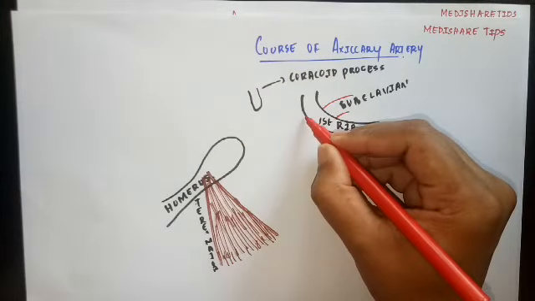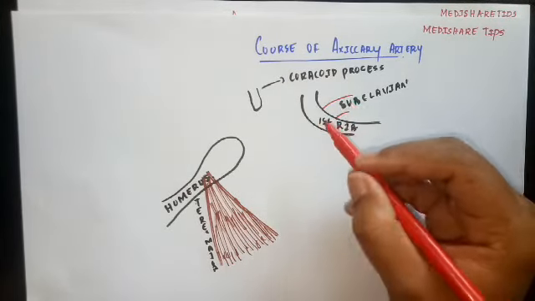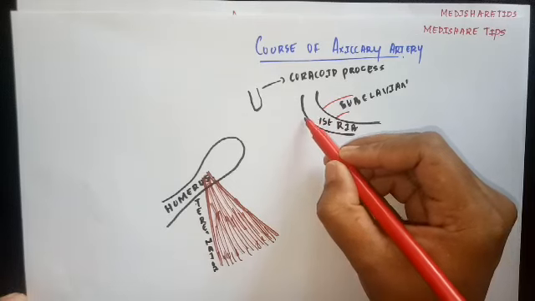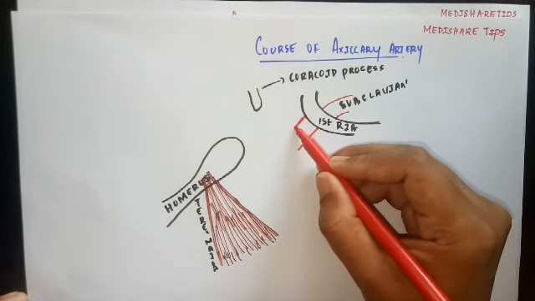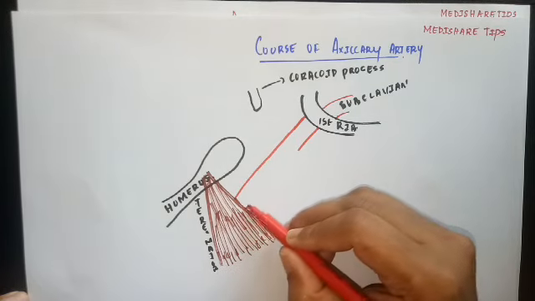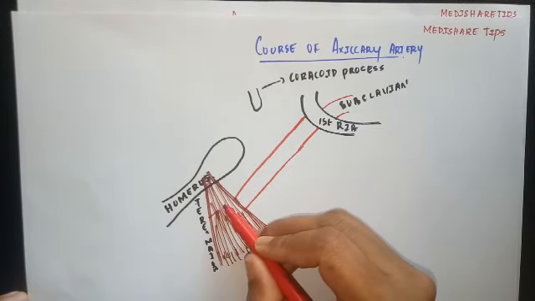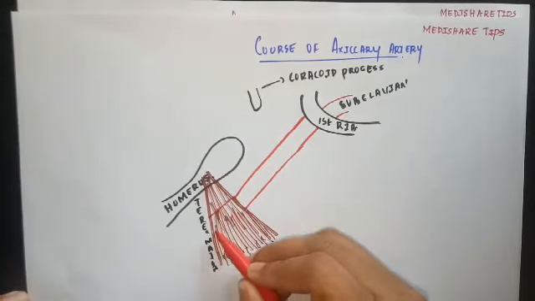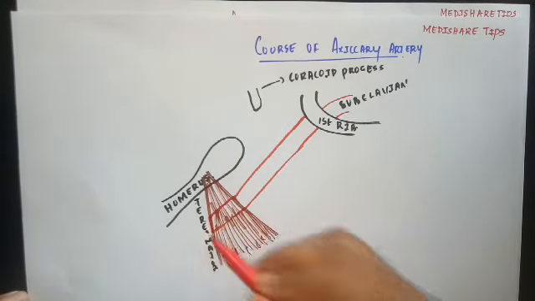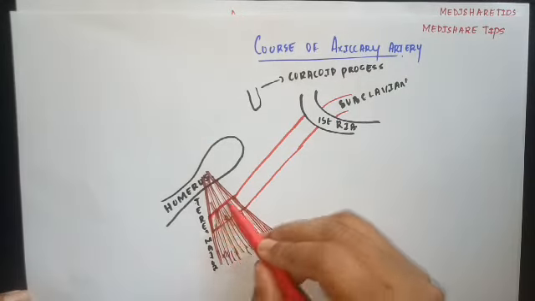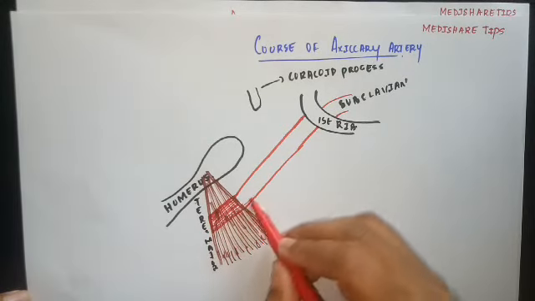So from the outer border of the first rib, the subclavian artery is continuing as the axillary artery. And till the lower border of the teres major muscle, this is axillary artery.